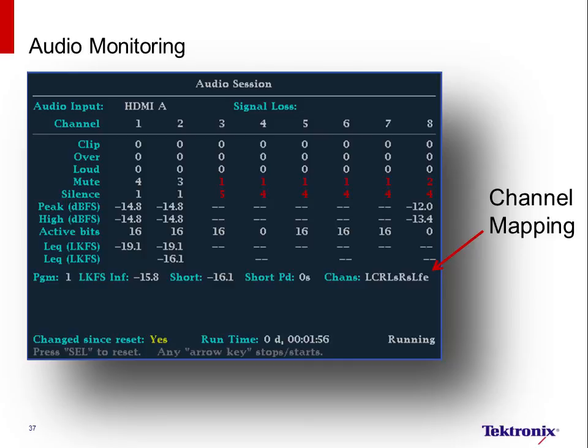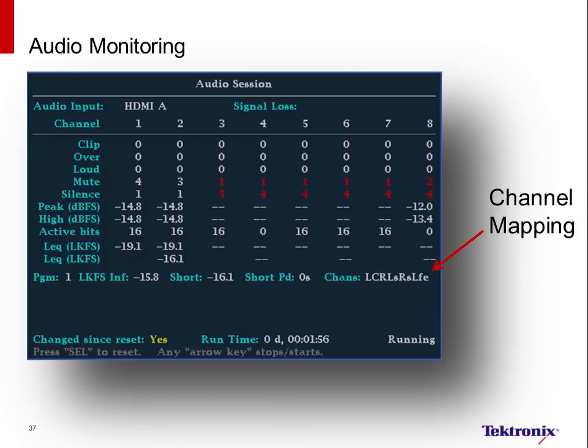Within the audio monitoring, there is also an audio session screen. The audio session screen will look at each channel individually, whether it's a 2-channel or a 5-channel multi-channel output, and tell you if you've had any clips, overs, mutes, silence, what the active LKFS is of each individual channel, what the LKFS is on any paired channels, and what the overall loudness is of the entire audio package being delivered to the TV set.